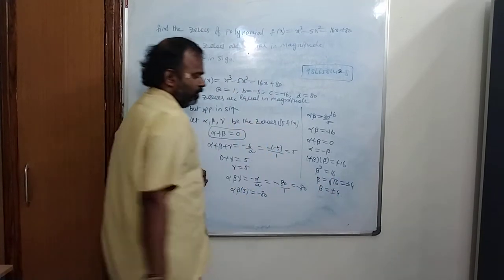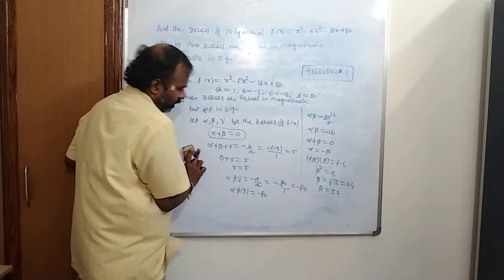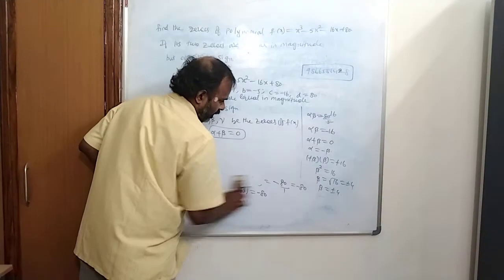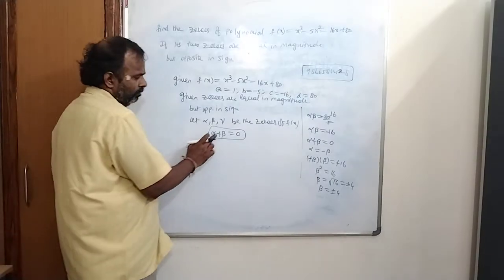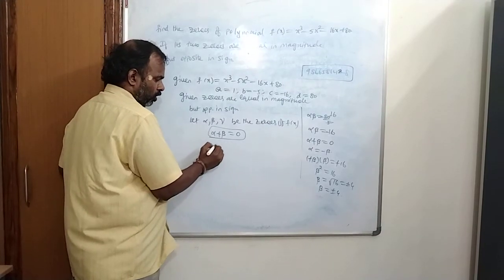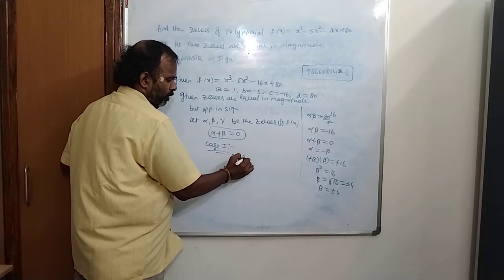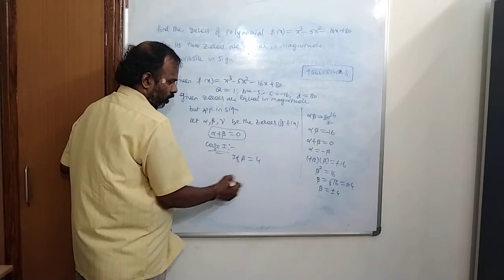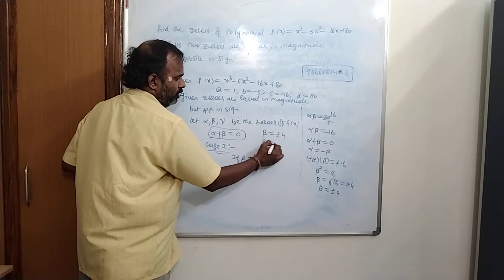Beta is equals to plus or minus 4. Now let us come to the original condition between two zeros. What is that given condition? Alpha plus beta is equals to 0. So here case 1, if beta is equals to 4.